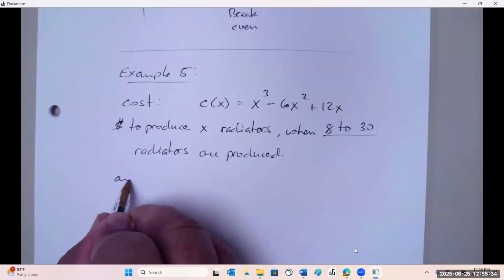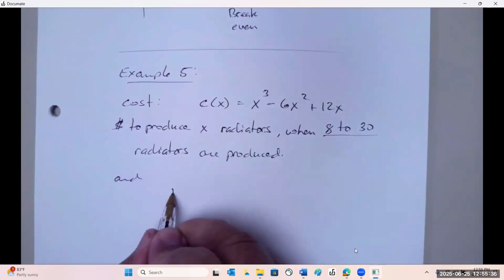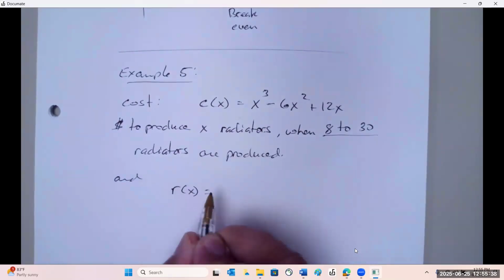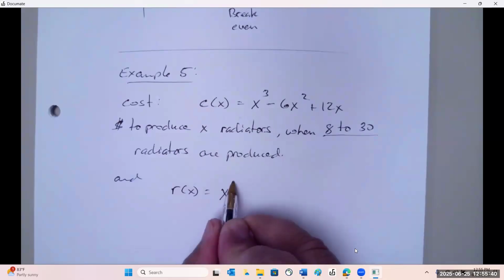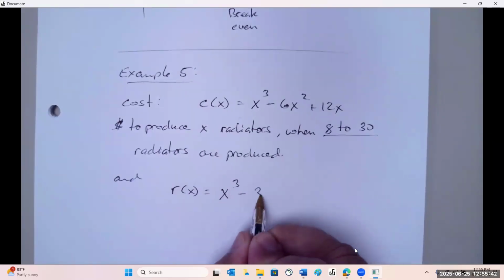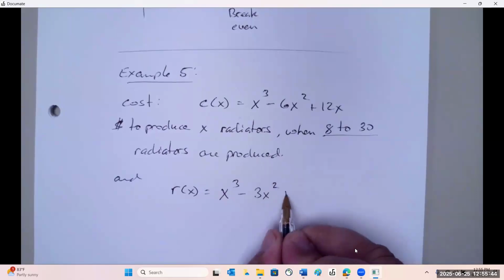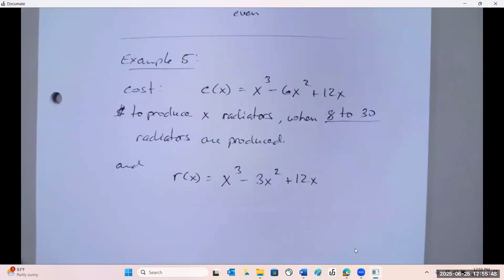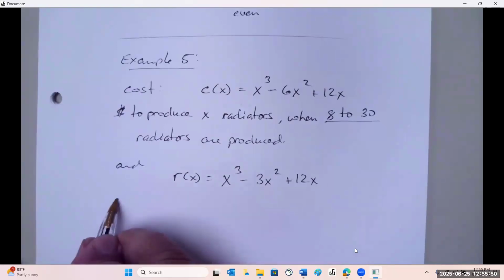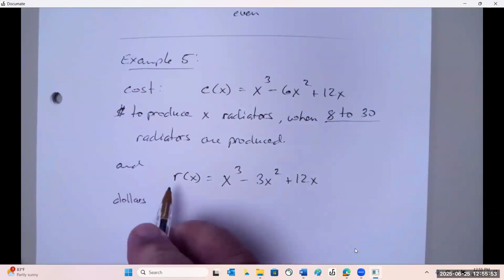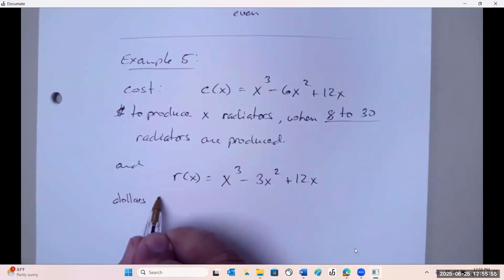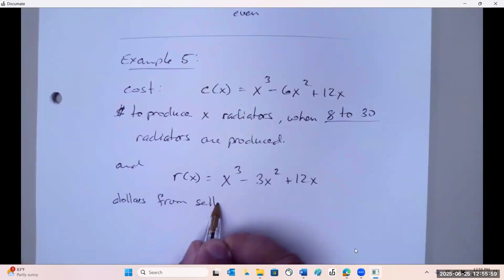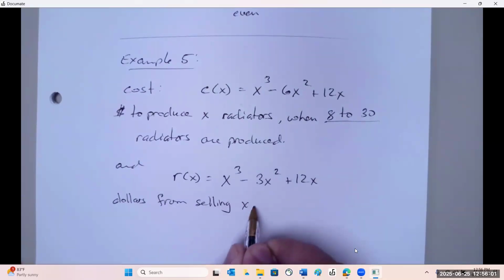So what else do we have? R of x is equal to x cubed minus 3x squared plus 12x dollars from selling x radiators.